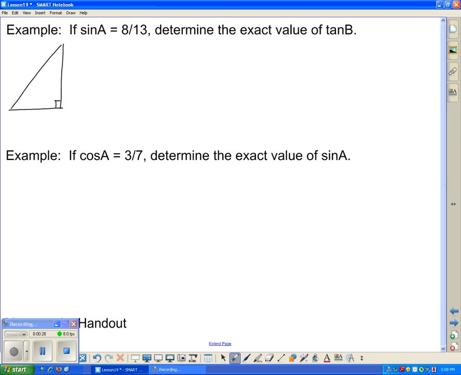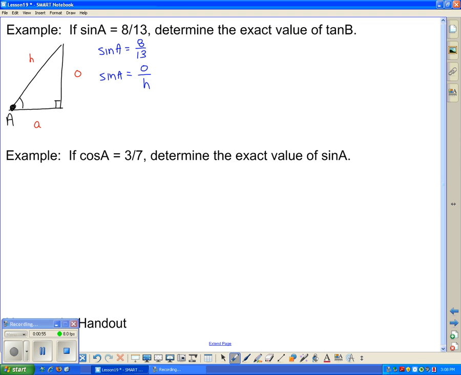If this is angle A, down in this corner, and I label the triangle appropriately, I have opposite, hypotenuse, and adjacent. I'm given that sine A equals 8 over 13. I know sine of A is equal to opposite over hypotenuse.